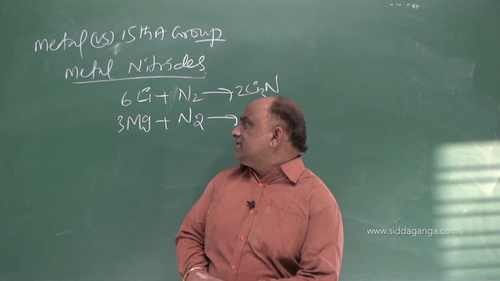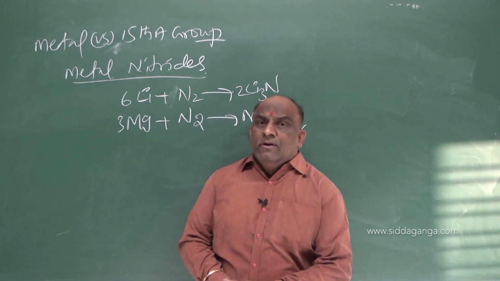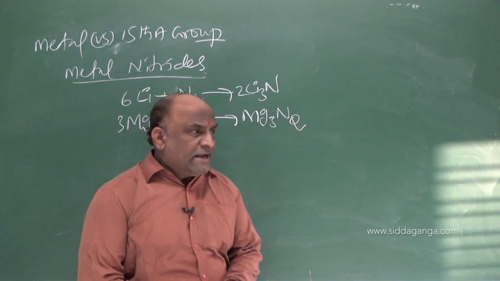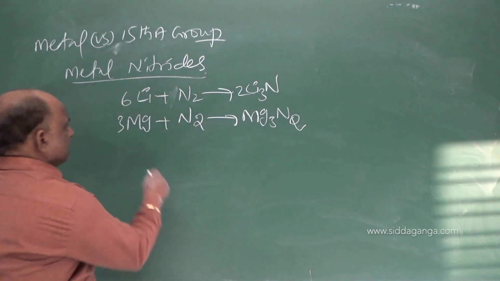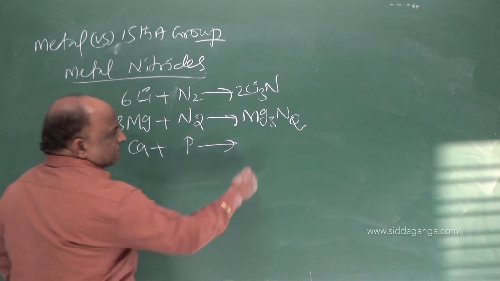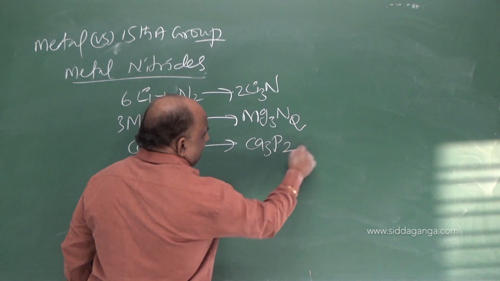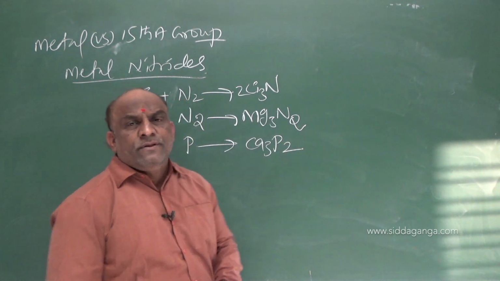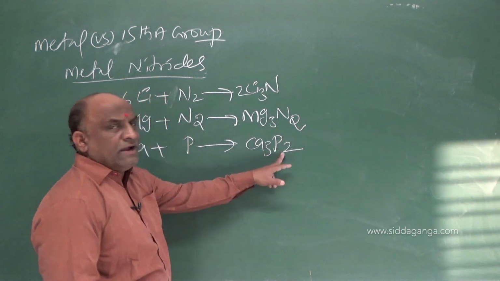So 15th group elements combine with metals to give metal nitrides. Suppose calcium and phosphorus, what will be the answer? It is Ca3P2, calcium phosphide.